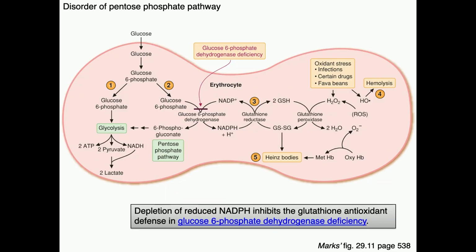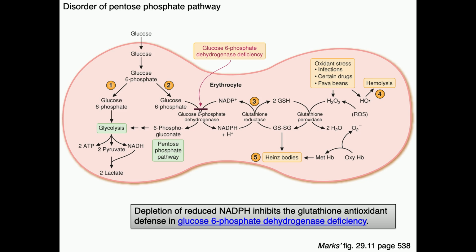So that's shown in a cartoon from Marx here. So we have the oxidative stress here generating the hydrogen peroxide. If the hydrogen peroxide is not neutralized, then it makes hydroxyl radical, and that can cause lipid peroxidation and cause the cell to rupture.